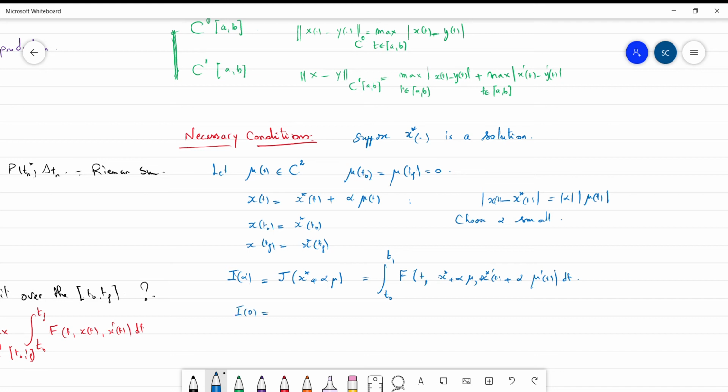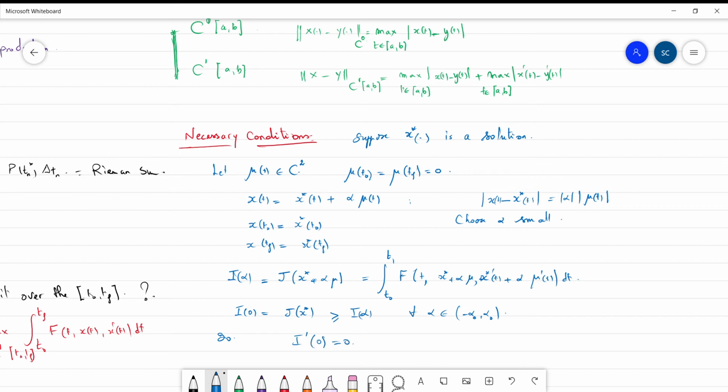Now I at 0 is g at x star, so it's the maximum value, so it will be greater than I(alpha) for any alpha small, in a neighborhood of 0. Then necessarily the derivative at 0 is 0.